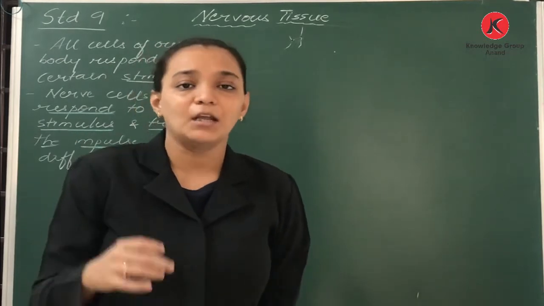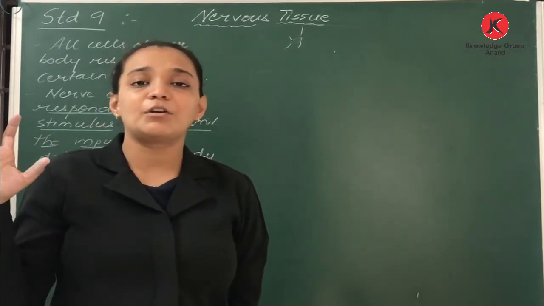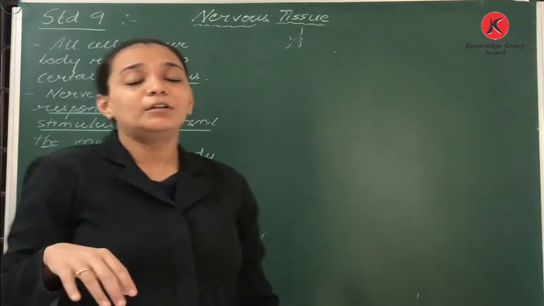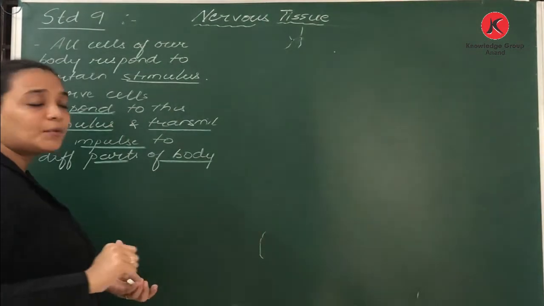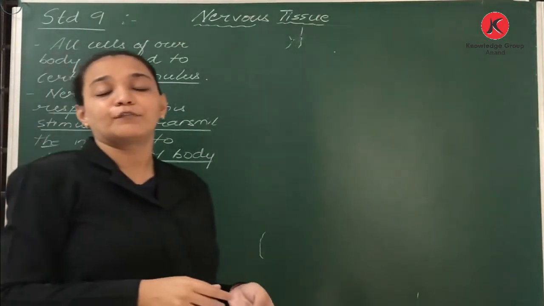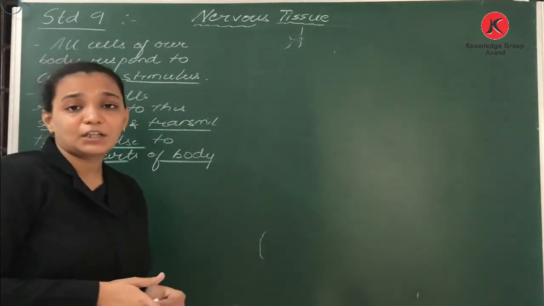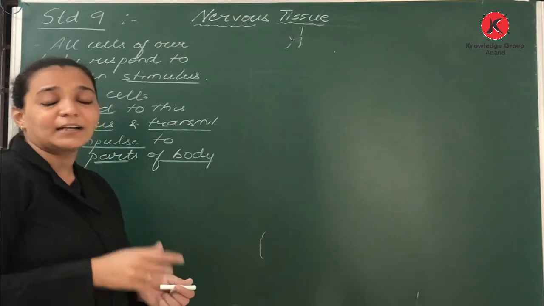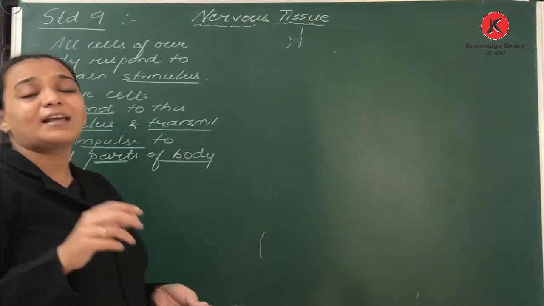To your brain to make you know that you are suffering from a particular change in your surrounding. So nerve cells are those cells which will be responding to the stimulus and transmit the impulse to the other parts of the body.